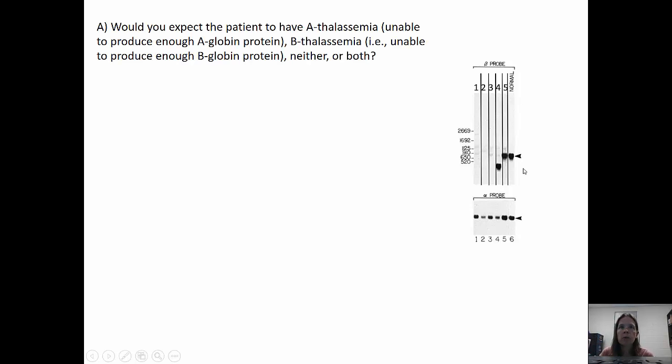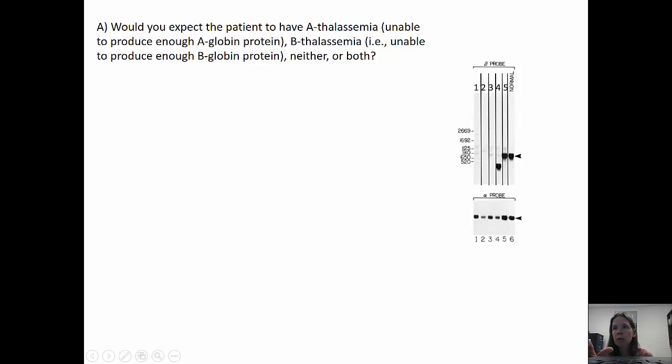So if we were to look at the first question, which is which type of thalassemia would you expect each of the patients to have? Patients 1, 2, and 3 all lack beta globin, so it's most likely that they have beta thalassemia, and that since they have no beta globin mRNA, they're unable to produce beta globin protein.